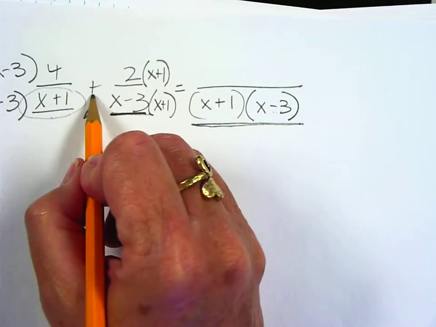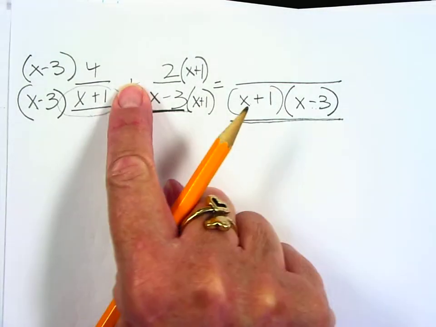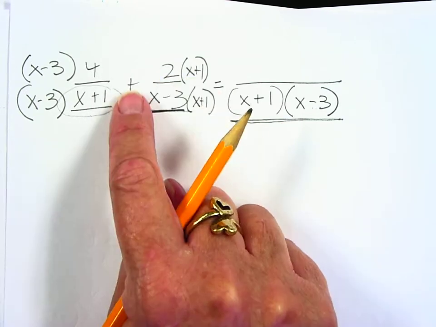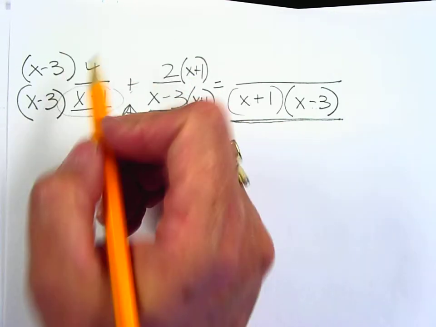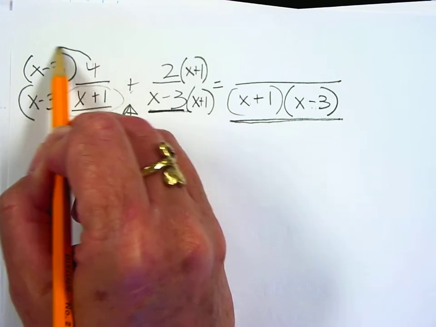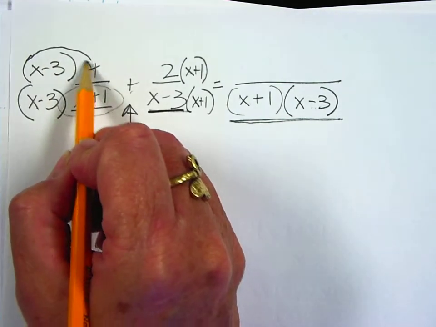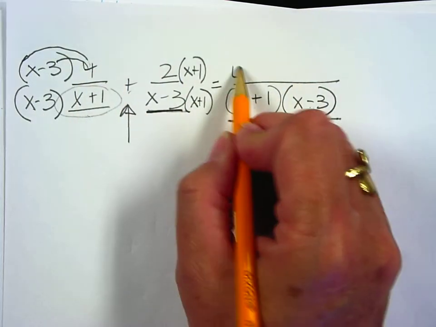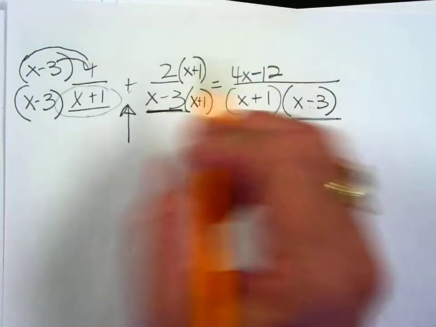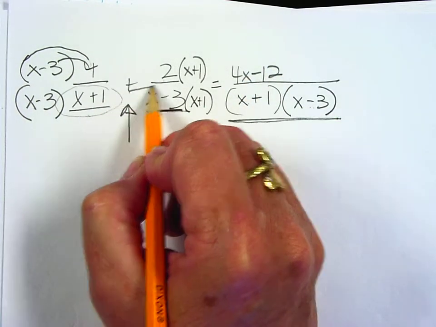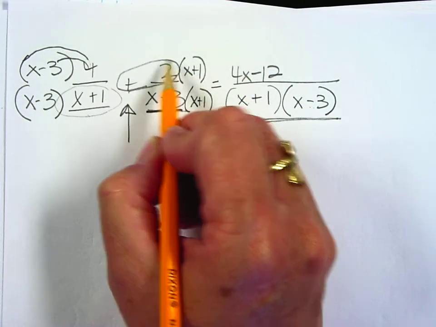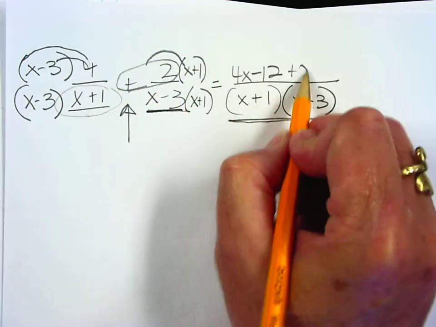When it's addition, it's a whole lot easier than when it's subtraction, because when it's subtraction, we have to distribute that negative to everything. But I don't have to worry about that when it's addition. So let's go ahead and do our 4x minus 12. We're going to distribute positive 2 to every stinking term. So we get positive 2x.